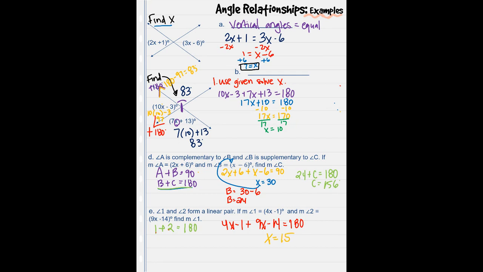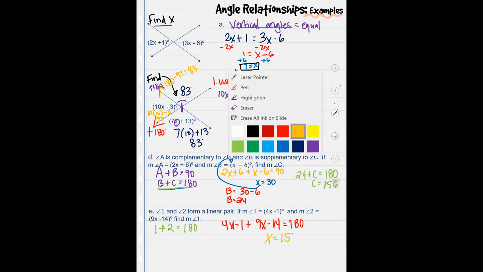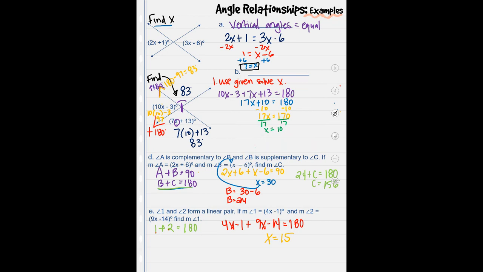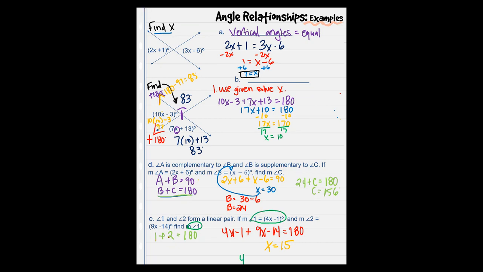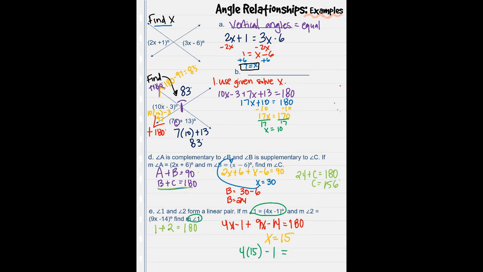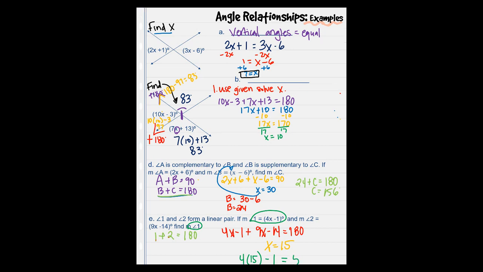My question is asking for measure of 1. So I need to plug my x in to my measure 1. So 4 times 15 minus 1. My measure of angle 1 is 59 degrees.